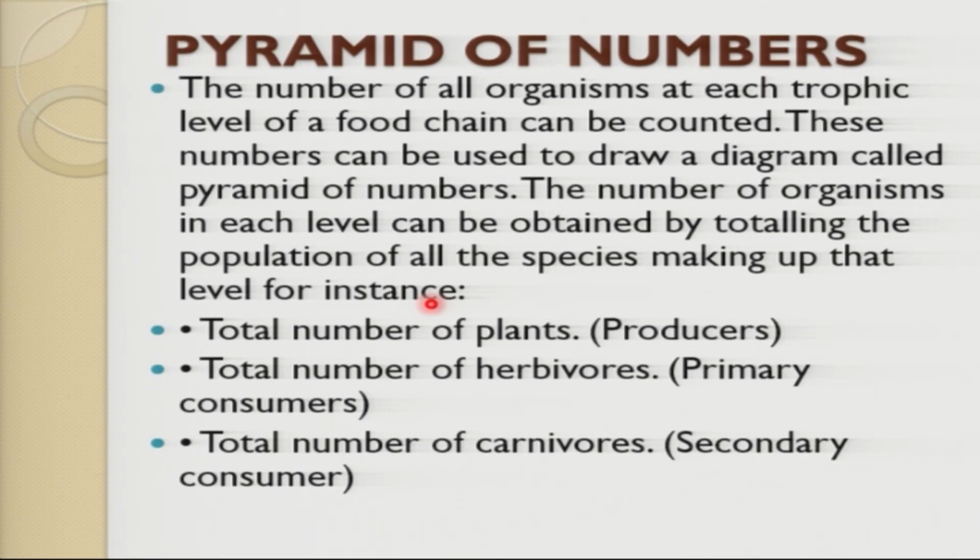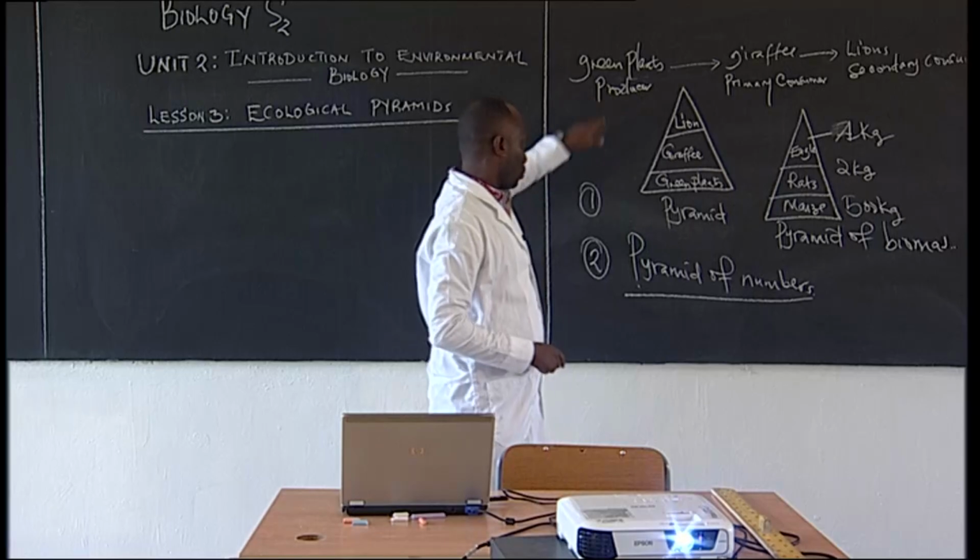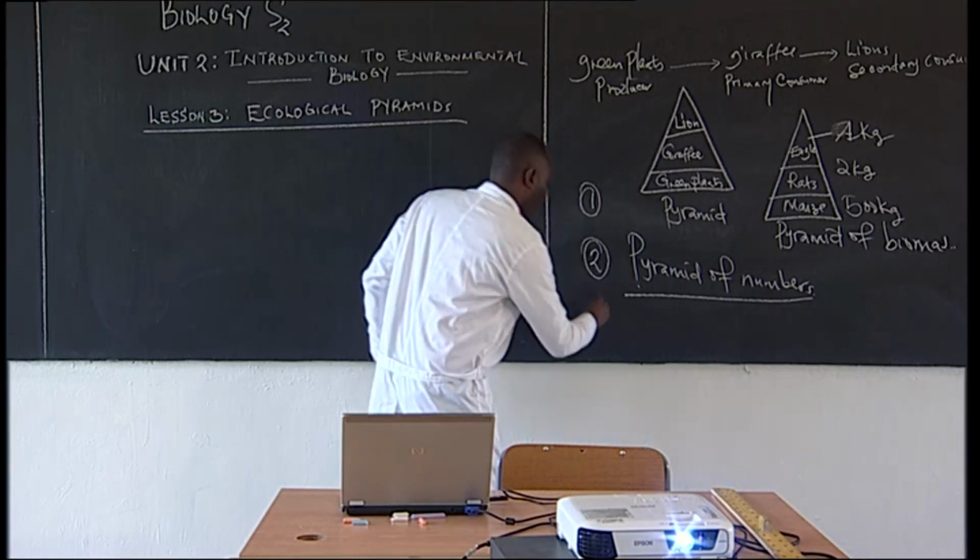The number of organisms in each level can be obtained by totaling the population of all species making up the level. For instance, we have the total number of plants, these are producers. We have the total number of herbivores, these are primary consumers. We have the total number of carnivores, these are secondary consumers.